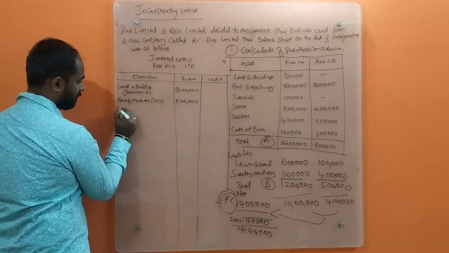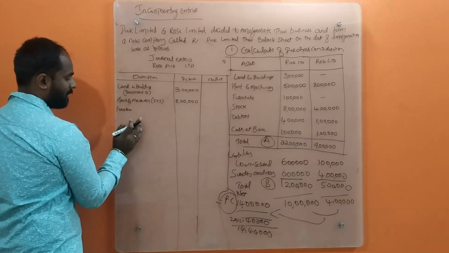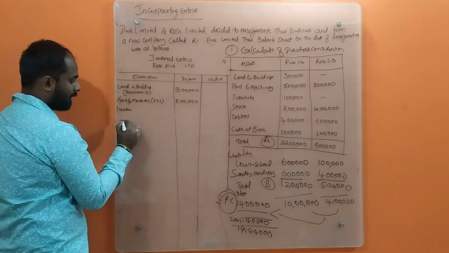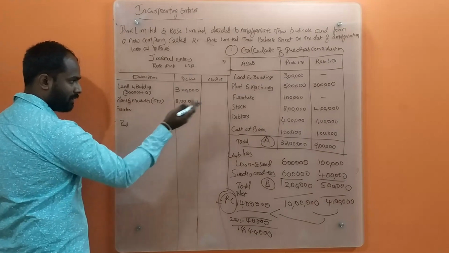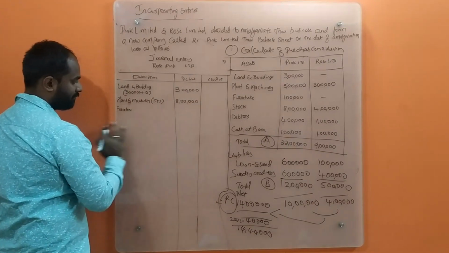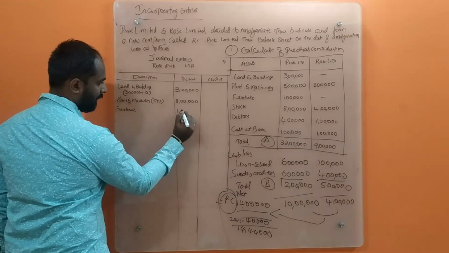Then furniture, because all assets are coming, if your asset is increased, then it is debited. If you think of the golden rule, then real account it is. So debit all what comes in, credit all what goes out. So this all coming in, so it is debited. So we are putting in debit side. Furniture, 1 lakh.